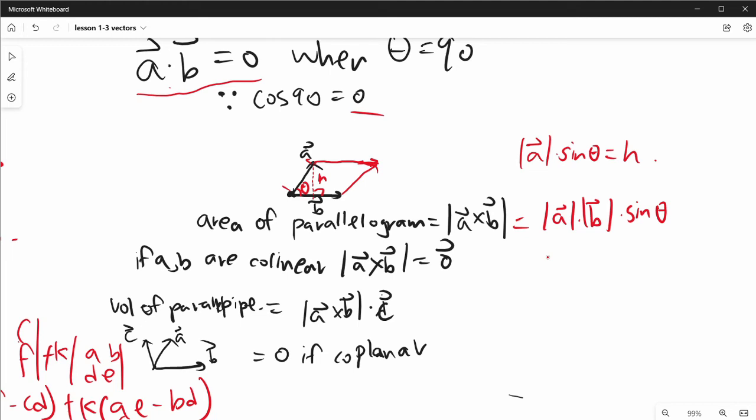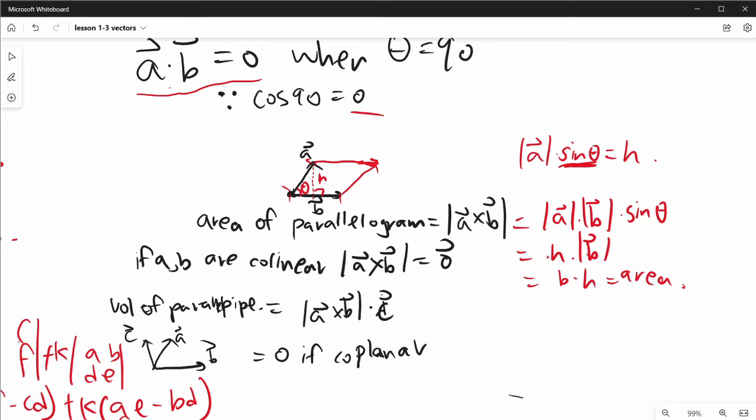Using this sine relationship, we can substitute the length of A times sine theta with h, and we have the length of B times h. That is just base times height, which is the area of a parallelogram.